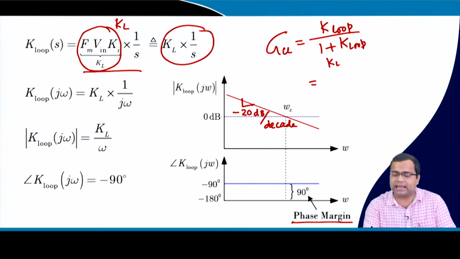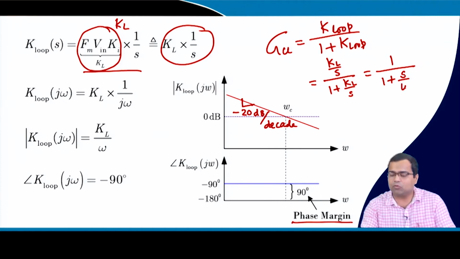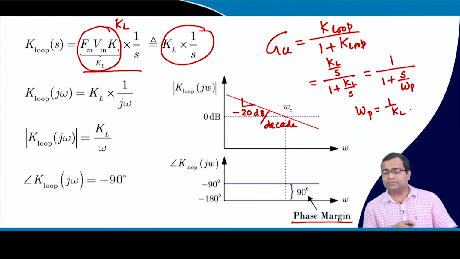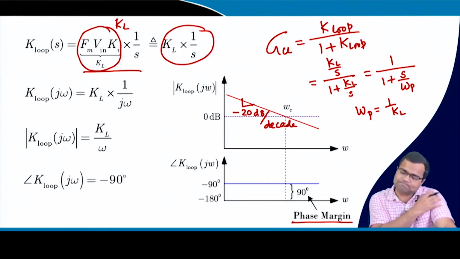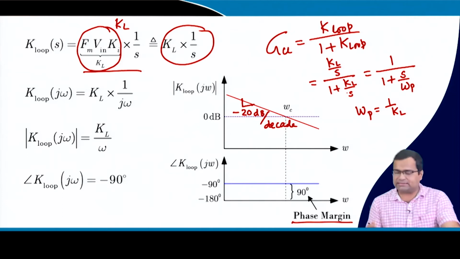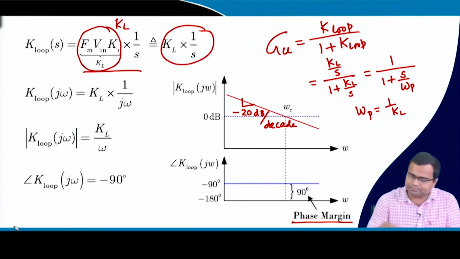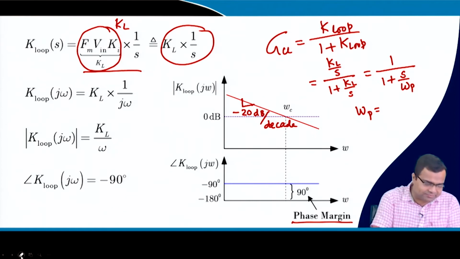So, here it is KL by S over 1 plus KL by S. So, we can write 1 by 1 plus S by omega p, where omega p is simply KL.